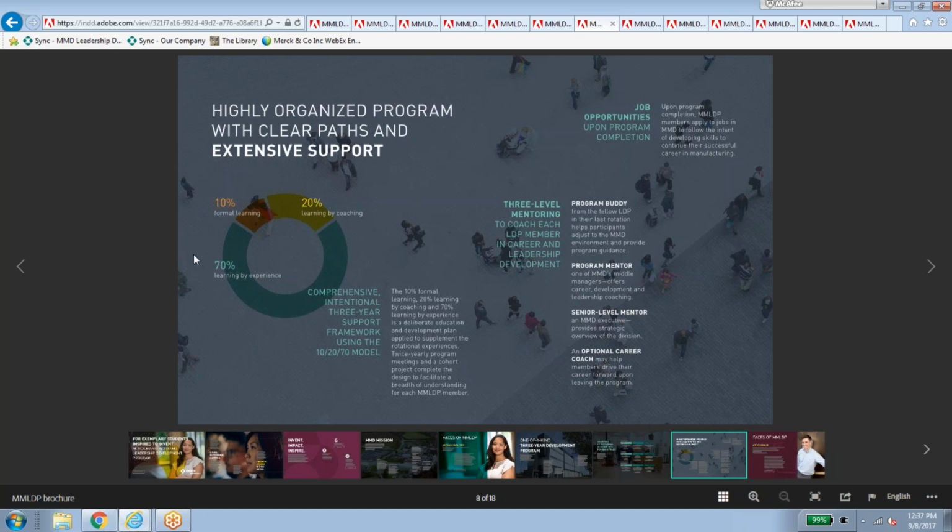Secondly, you'll be assigned a program mentor. This person is typically a mid-level manager in MMD, and it's someone that is aligned to your track.